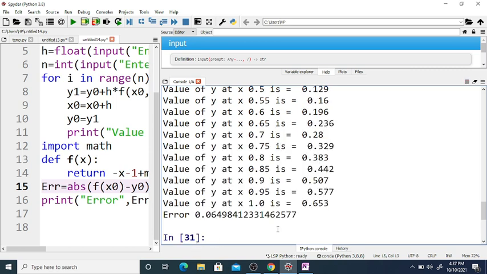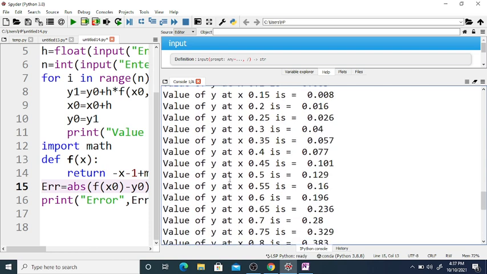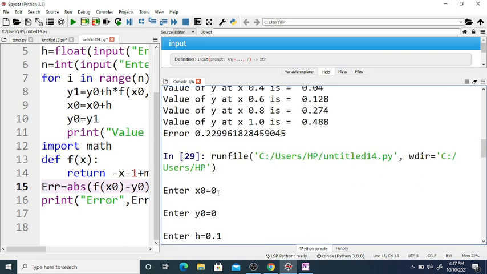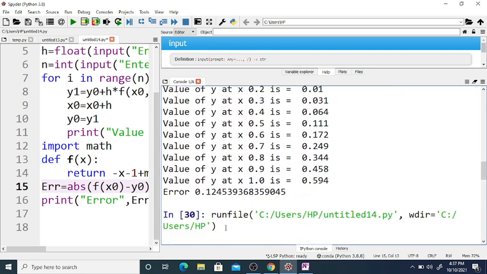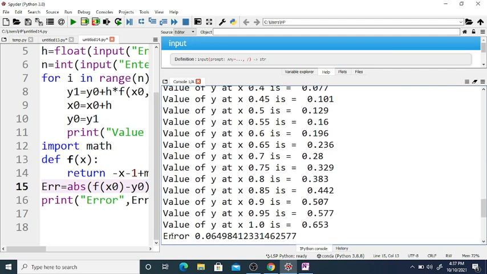Now you can see here the value of y at x is equal to 1.0 is 0.653 by using the Euler method, but here the number of steps is 20, and in that case the error is 0.064. But you can observe when the number of steps is less, the error is 0.2299, and with 10 steps the error is 0.124. So if you increase the number of steps, then the error will be reduced, and error represents the difference between the exact solution and the approximate solution. Thank you.